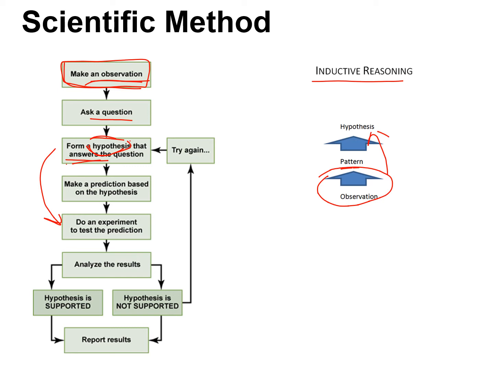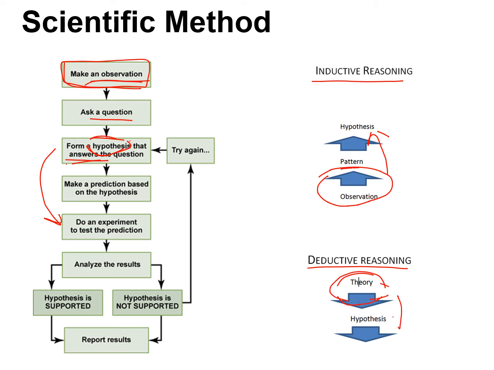The second type of reasoning is deductive reasoning, which is a little bit different. This is using general premises or general ideas to make a prediction. You're starting here with the theory, a conclusion, and you're generating a hypothesis to explain a new situation. For instance, there's cell theory, which I will talk about a little bit later.